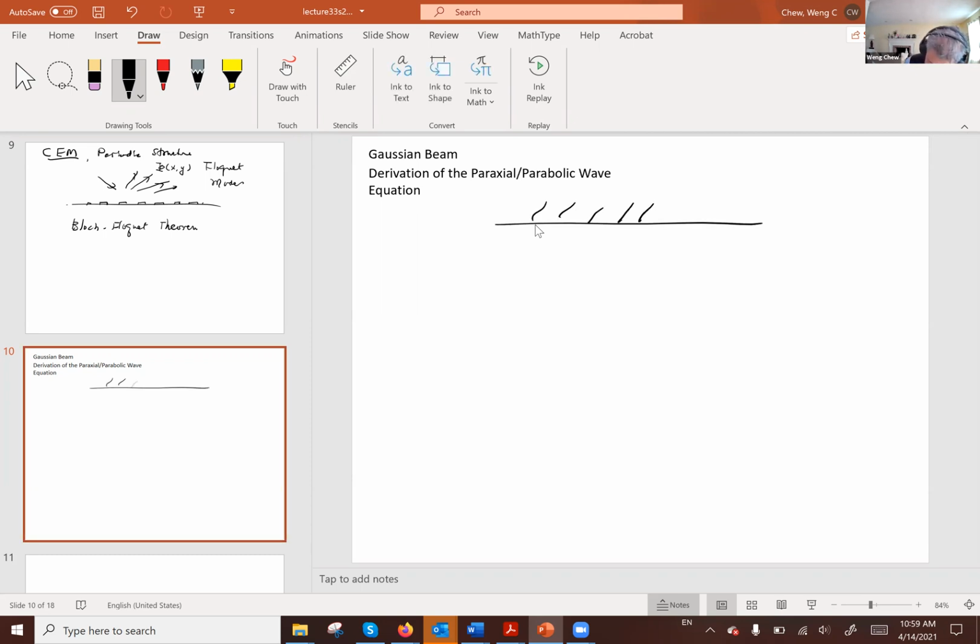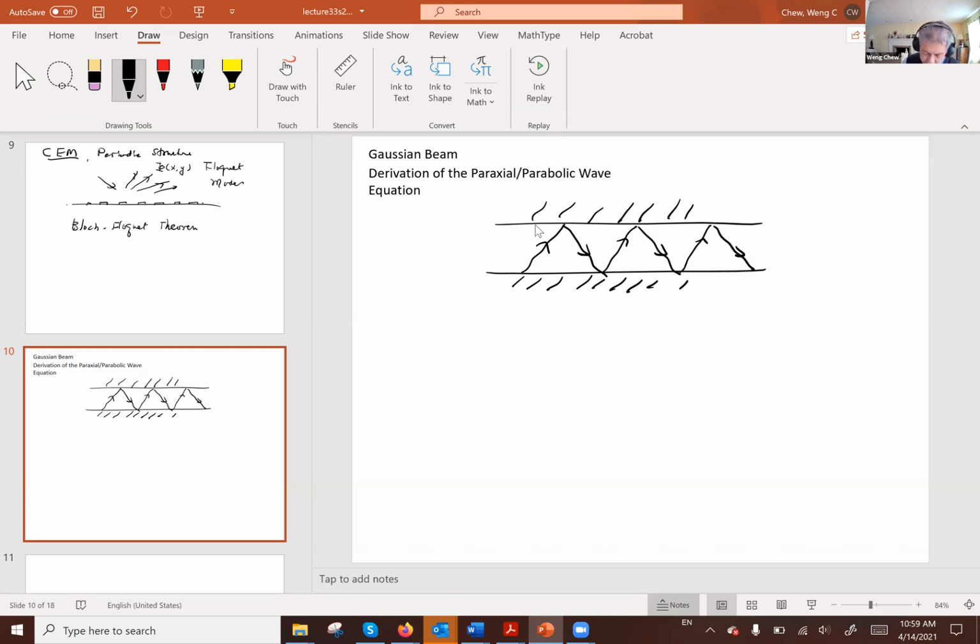Say if I have a waveguide, and one of the things that you see is that the wave is guided by a bouncing wave. We have a bouncing wave picture. This is how wave is being guided. You can even think of a dielectric slab waveguide being guided in this same manner by the bouncing wave picture.